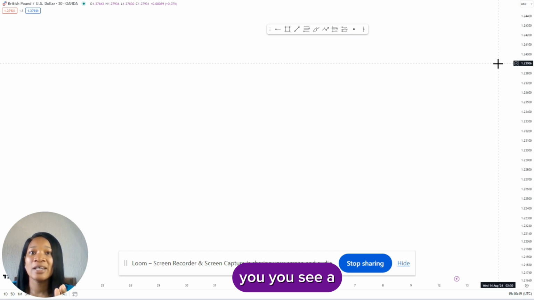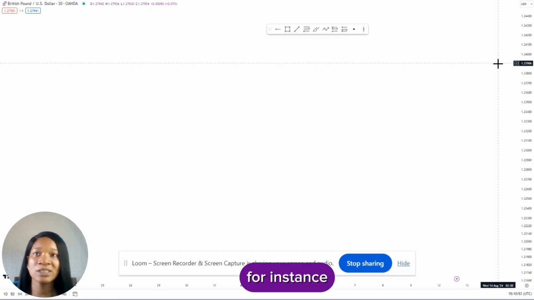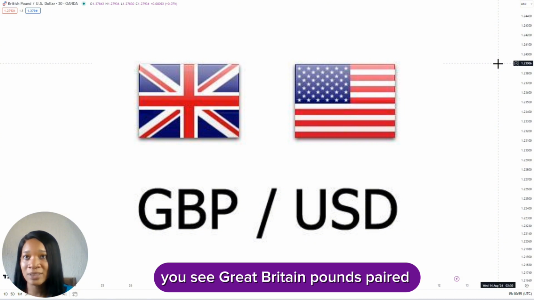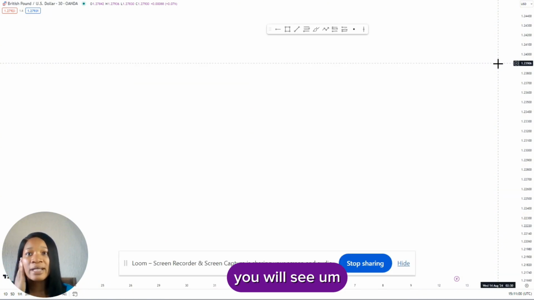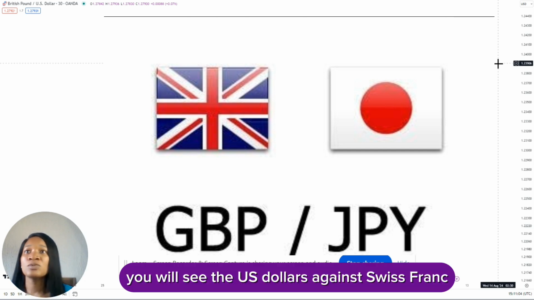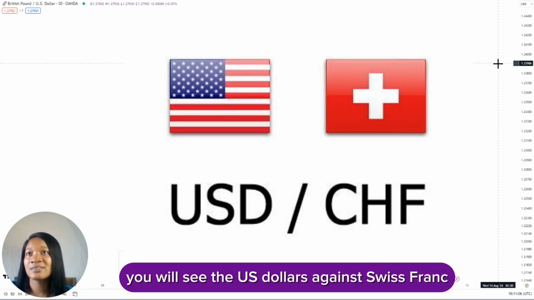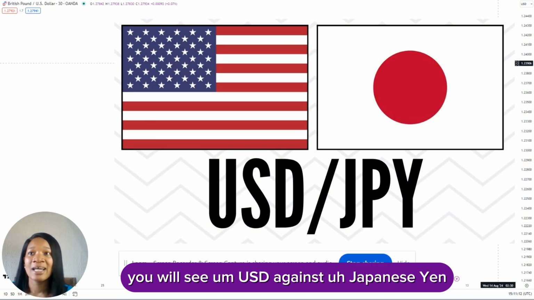You see a currency paired with another currency. For instance, you will see Great Britain pounds paired with the US dollars. You will see Great Britain pounds against the Japanese yen. You will see the US dollars against Swiss franc. You will see USD against Japanese yen.